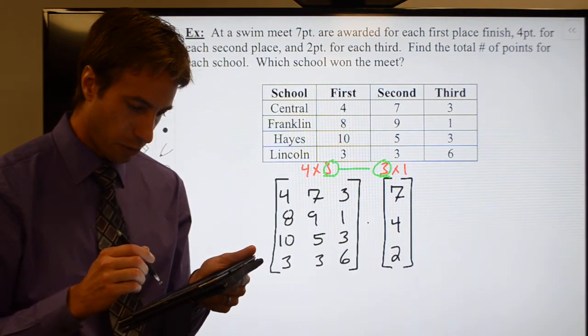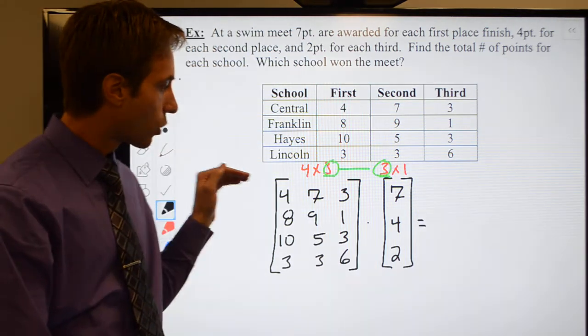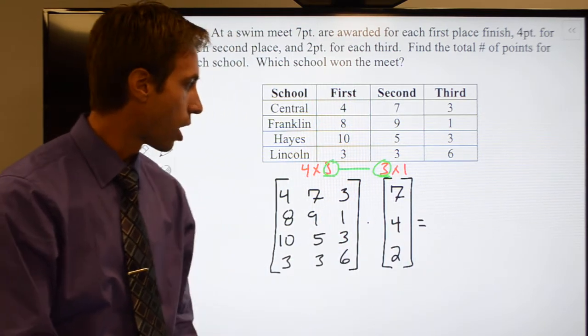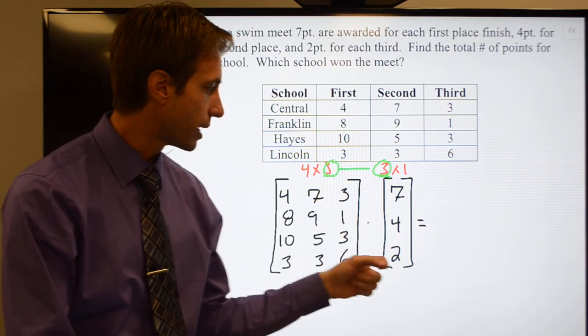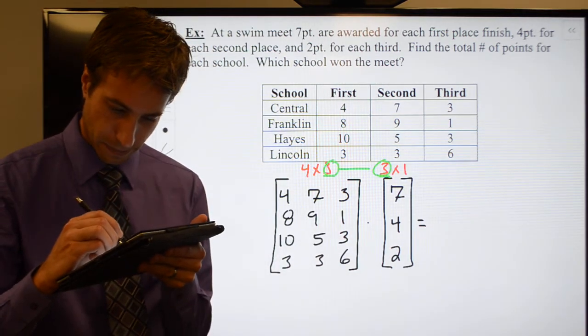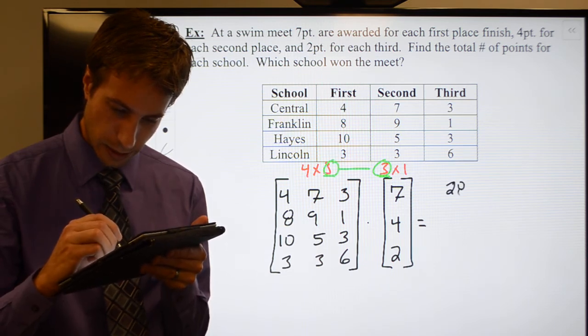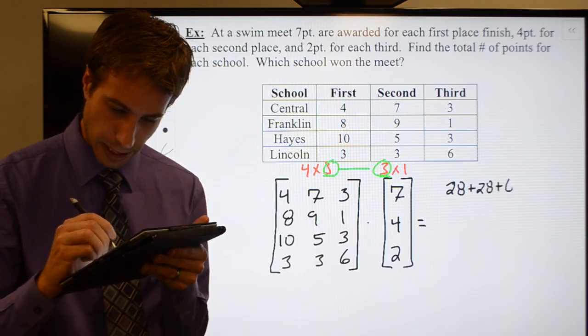All right, so here we go. I'm going to take row 1. I only have one column, so row 1 times column 1, 4 times 7, 7 times 4, 3 times 2, and I get 28 plus 28 plus 6.